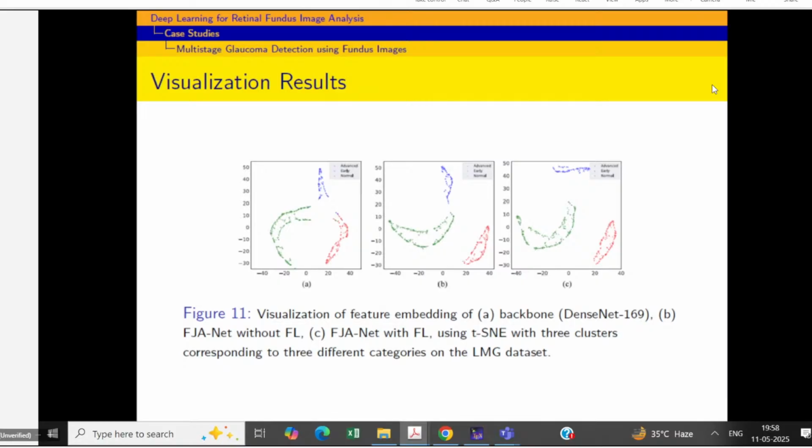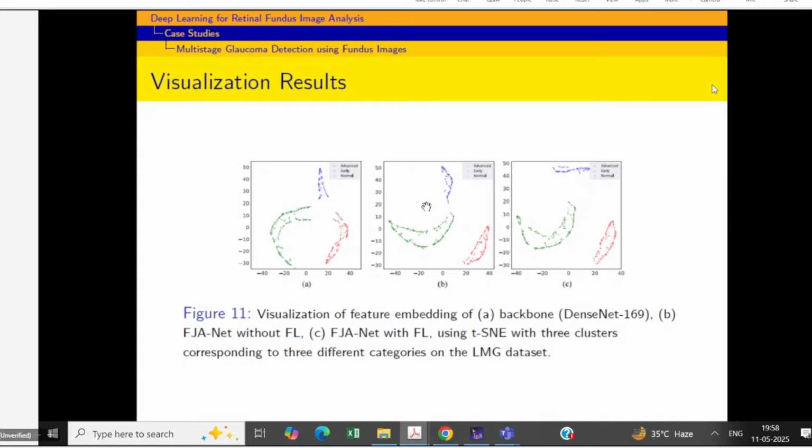With only the local and global attention, without the fuzzy layer, some of the reviewers asked us to provide some visualization results on how this fuzzy layer is helping in improving the feature representations. This is why we tried to find these feature embeddings with the help of t-SNE, the stochastic neighbor embedding approach.